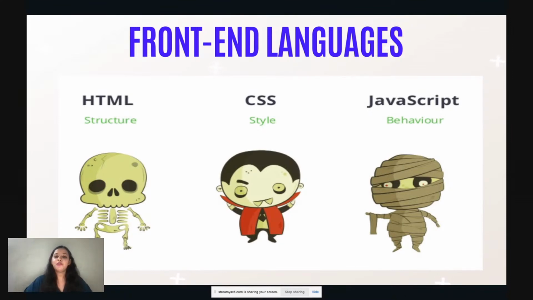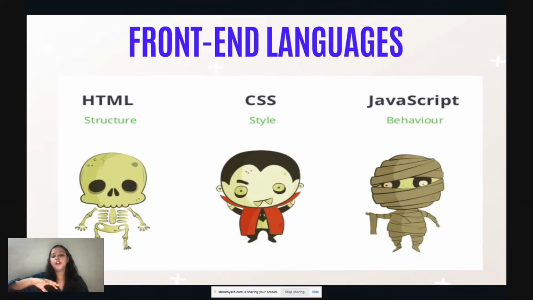Cool. So the first thing which you will do in this case is you will make the structure, right? And as soon as you make the structure, you will try to make it attractive, make it look appealing, right? So that it could look like a mummy, correct?